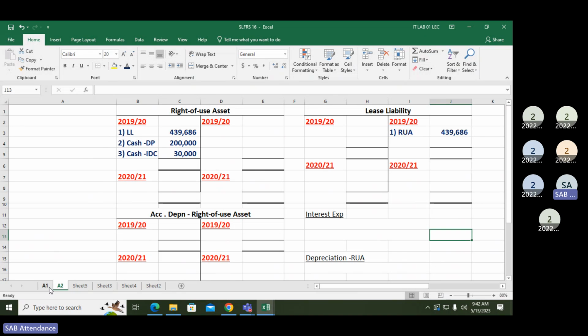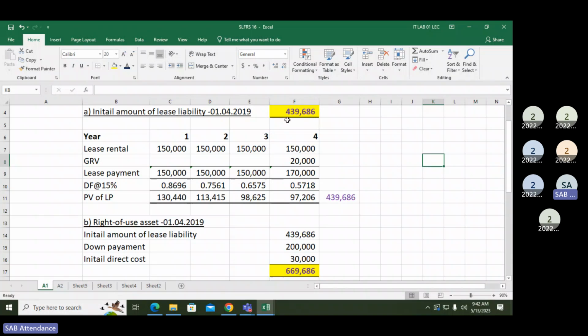Right? This is the answer. Here we get the initial amount of lease liability by discounting all these lease payments, we got 439.